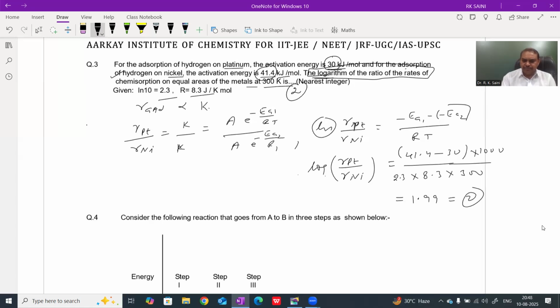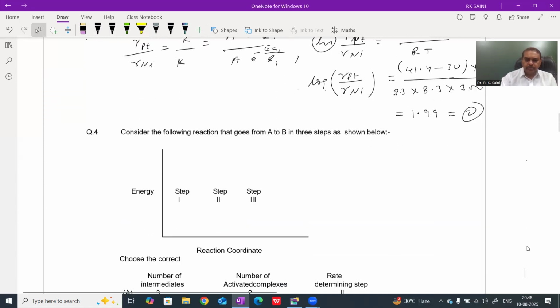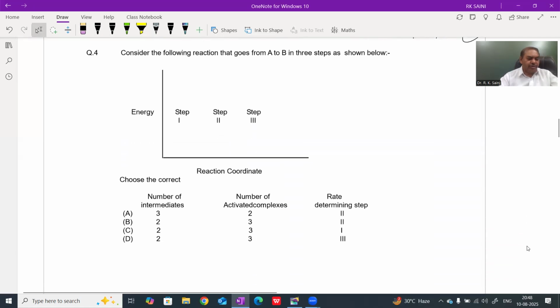Question number 4. Consider the following reaction. It goes from A to B in 3 steps. The graph is of the following type.